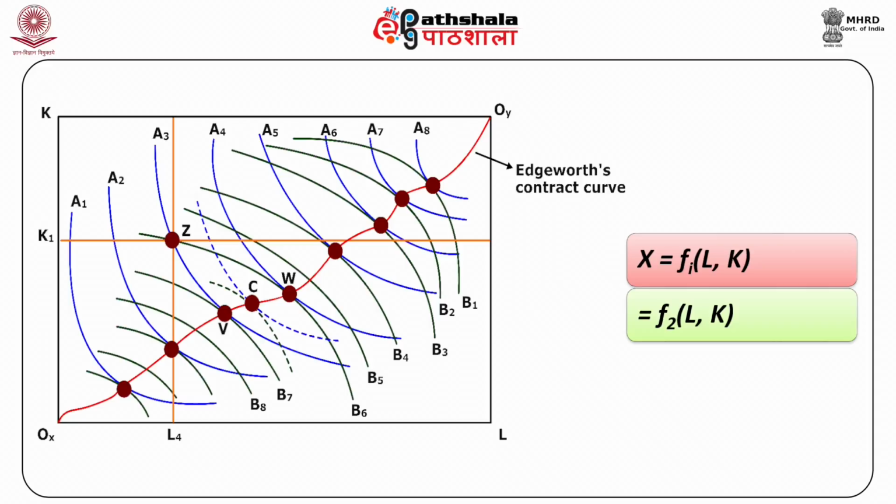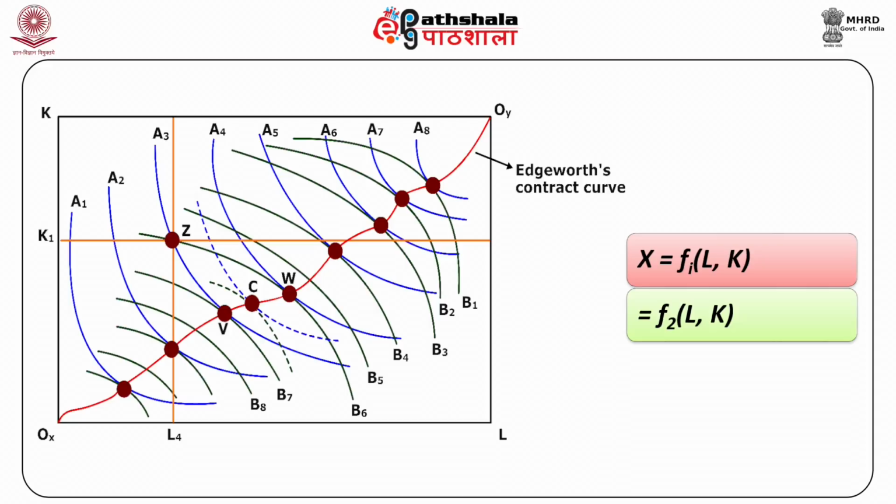So, some of the isoquants beyond B8 have actually not been named. Now, we have a set of points. Each of these points is given as a dark spot.